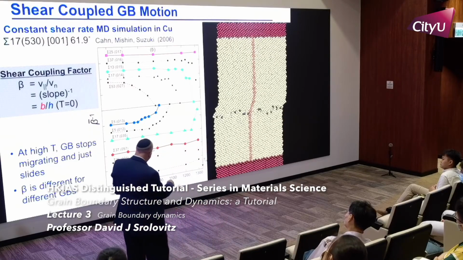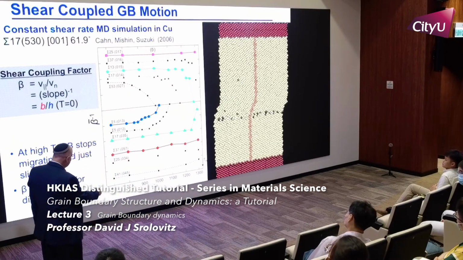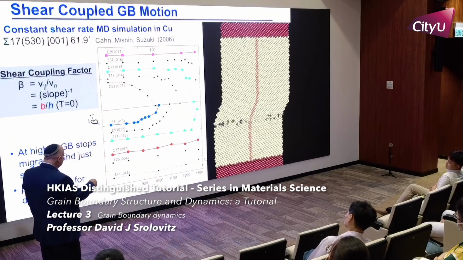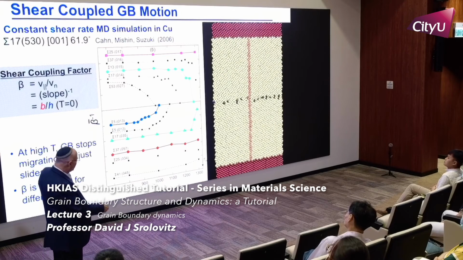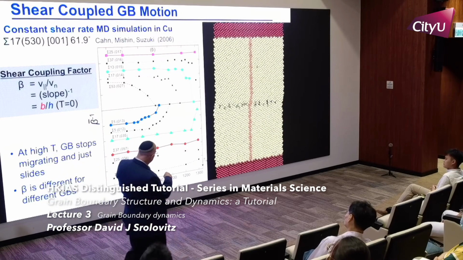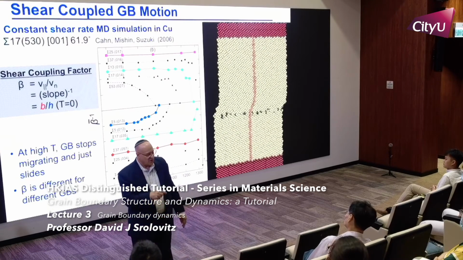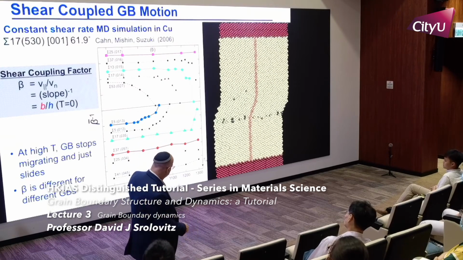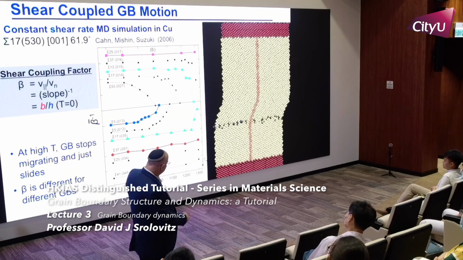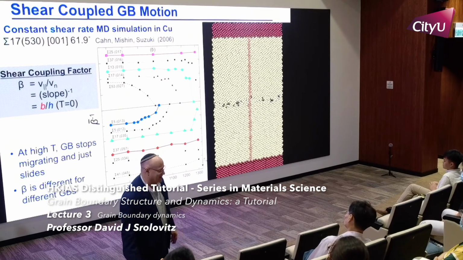Okay, this is grain boundary sliding. So we have to understand how it goes from this beautiful, predictable b over h values to things all dropping to zero. All grain boundaries will have beta go to zero at high temperature, except, inconveniently, some materials melt before it happens.